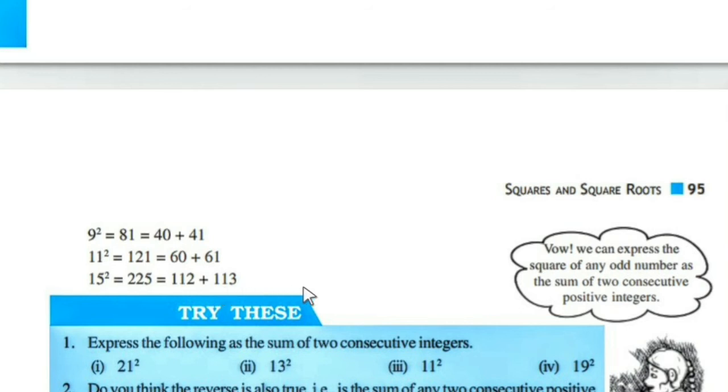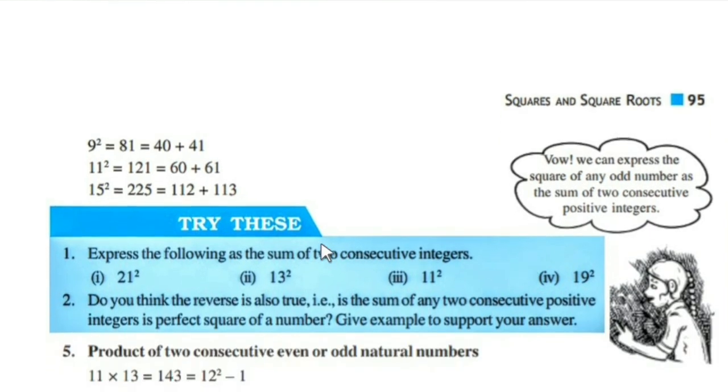So wow, we can express the square of any odd number as the sum of two consecutive positive integers. So try this. The sums are given here. Express the following as the sum of two consecutive integers: 21 square, 13 square, 11 square and 19 square.